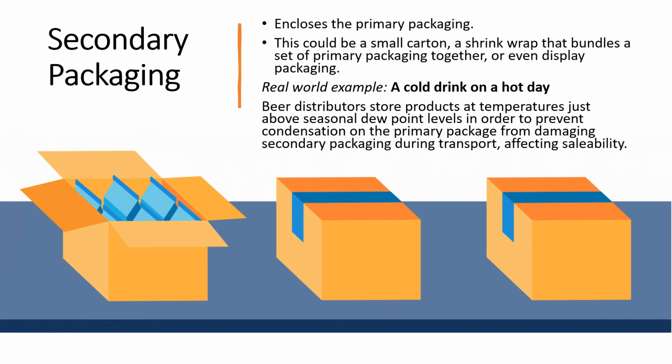Let's consider a cold drink on a hot day. Beer distributors store products at temperatures just above seasonal dew point levels in order to prevent condensation on the primary package from damaging secondary packaging during transportation, affecting salability.